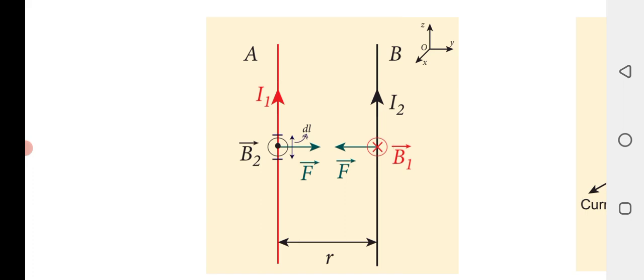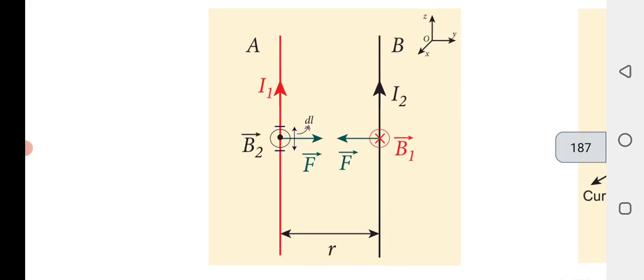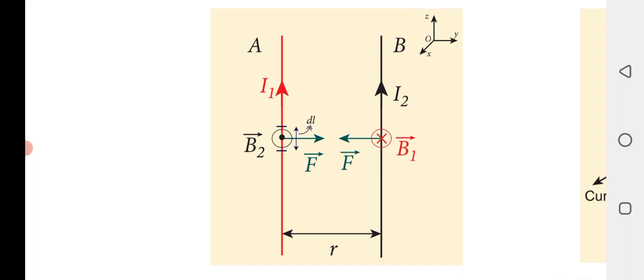For conductor A, the current, magnetic field and force are mutually perpendicular, and likewise for conductor B. Using the thumb rule for each conductor, the forces form an attractive force between them.